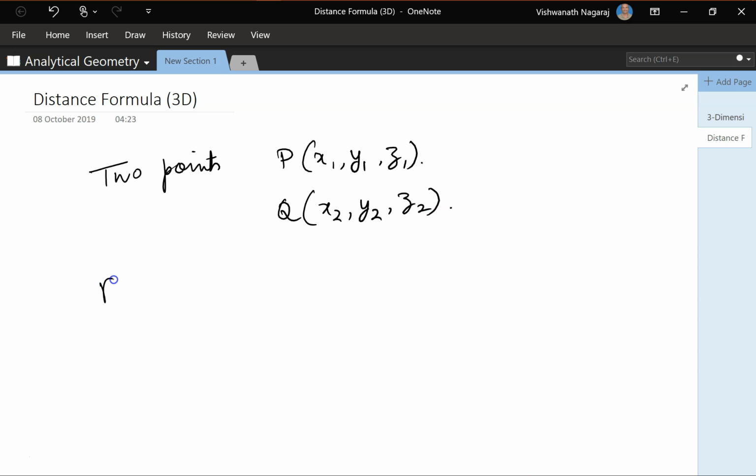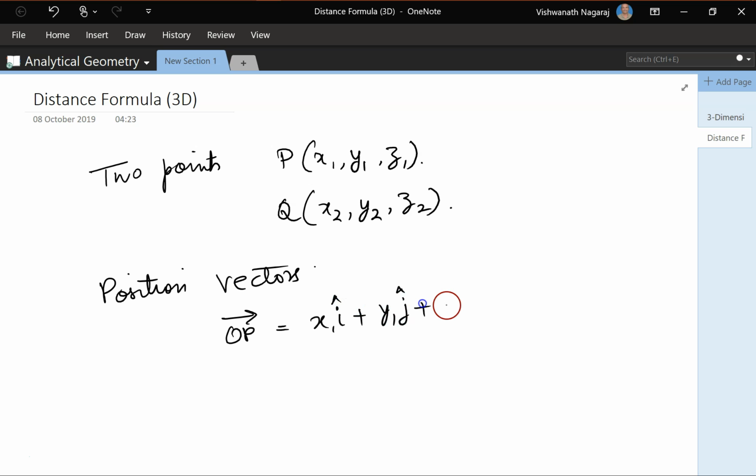Now their corresponding position vectors would be OP equal to x1i plus y1j plus z1k, and OQ would be x2i plus y2j plus z2k.